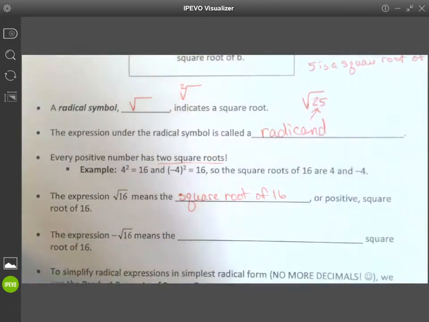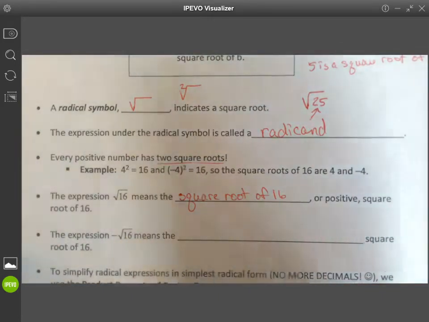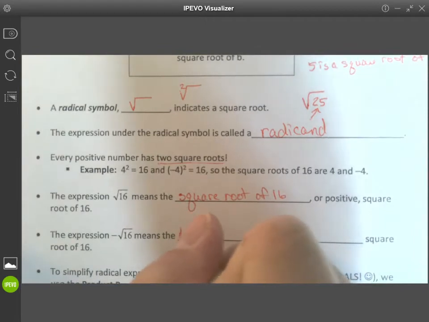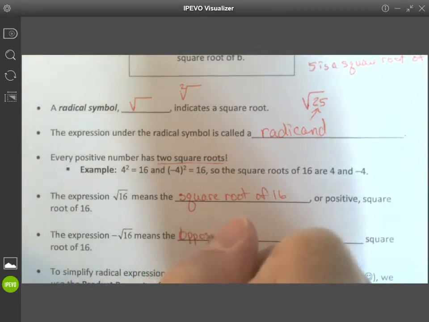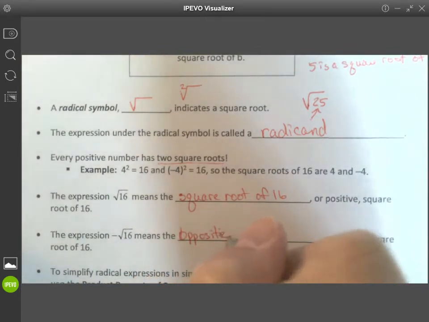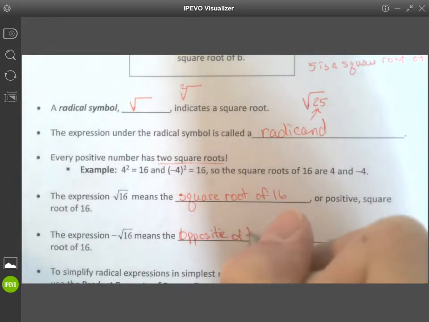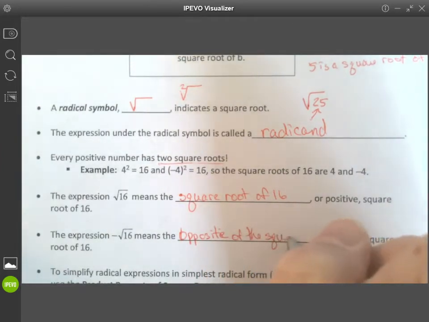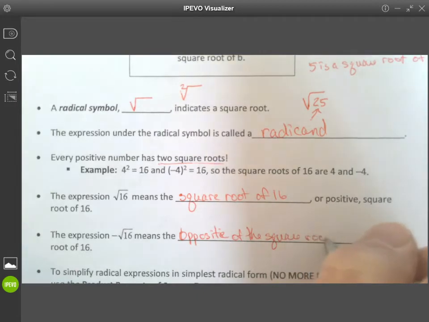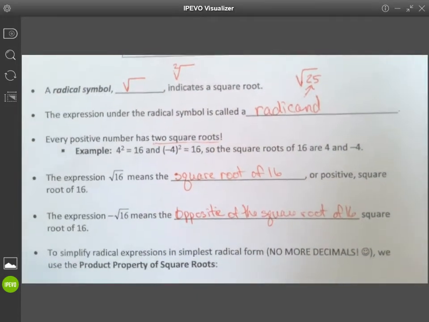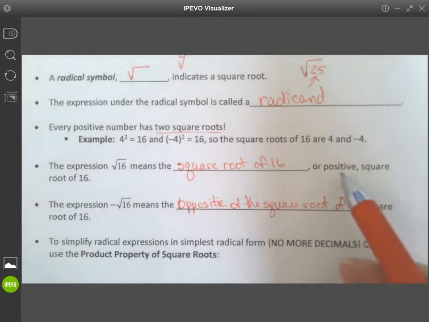Now, the expression negative square root of 16 is basically meaning the opposite of the square root of 16. So when we talk about our square roots, we're only going to talk about the positive root.